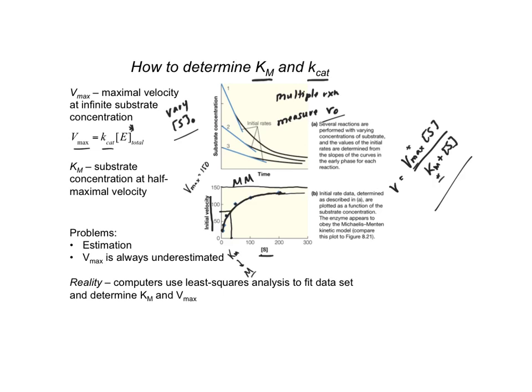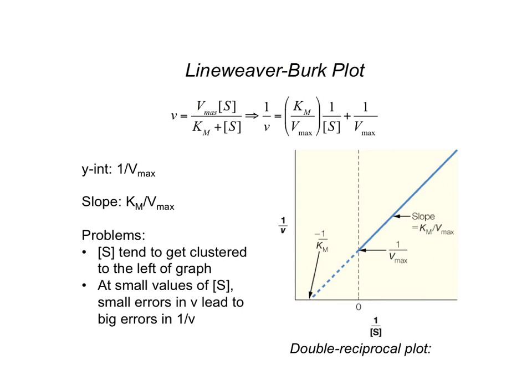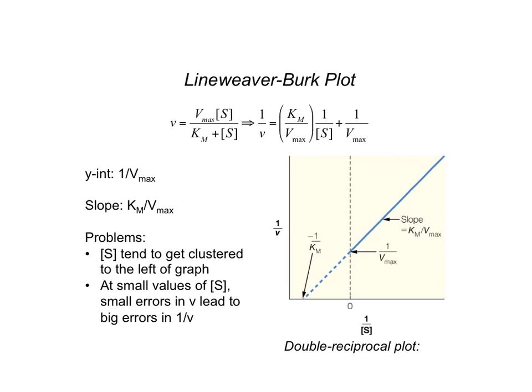We're going to take our equation and transform it into a different version. The version that we tend to show you is the Lineweaver-Burk plot, which is the double reciprocal plot. It takes the reciprocal of both velocity and substrate concentration. When we do that, we get a nice linear format.